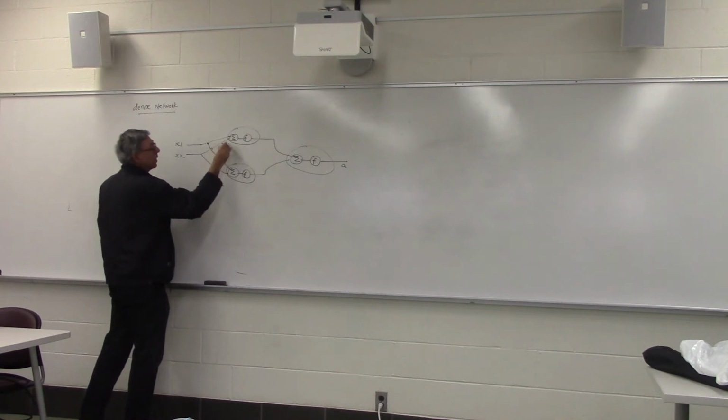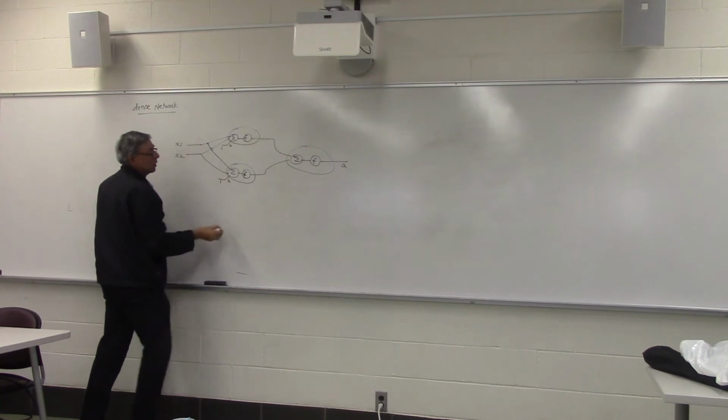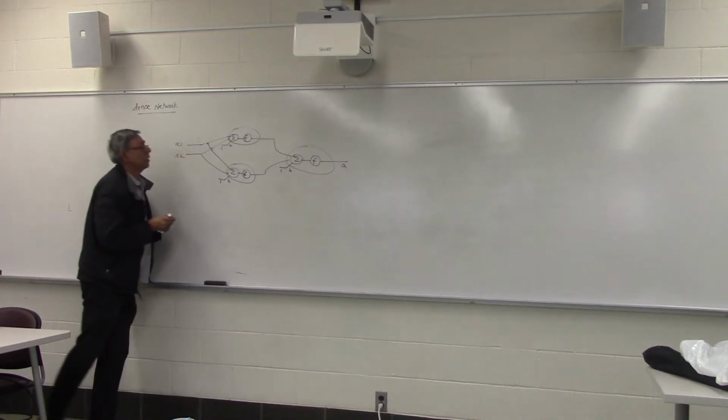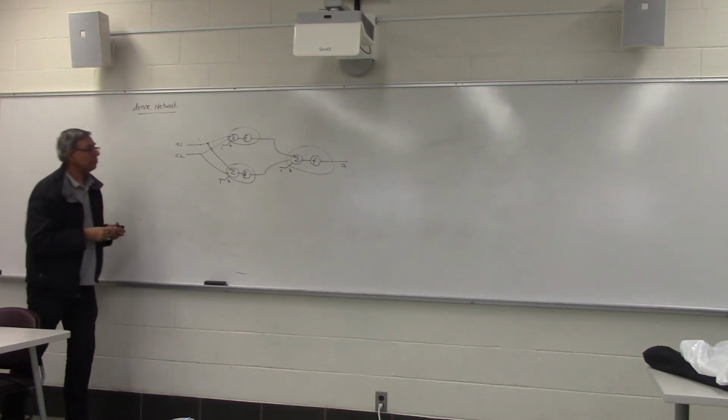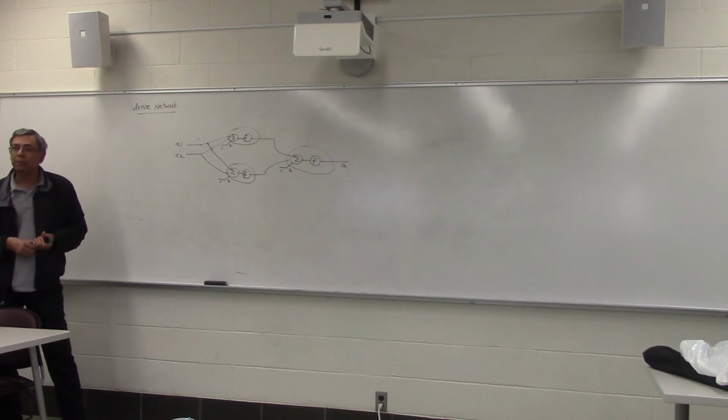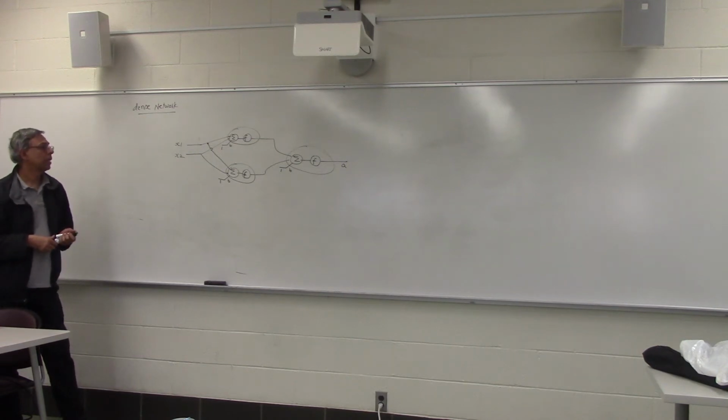Every neuron has its own bias. So here will be a bias. Depending upon how we label these, we can easily come up with the training equations.